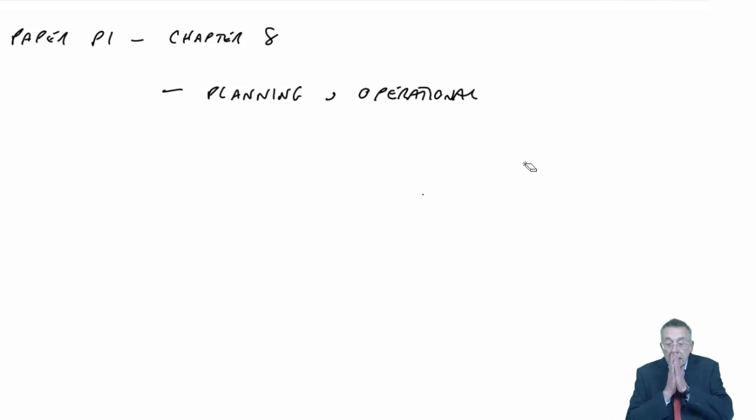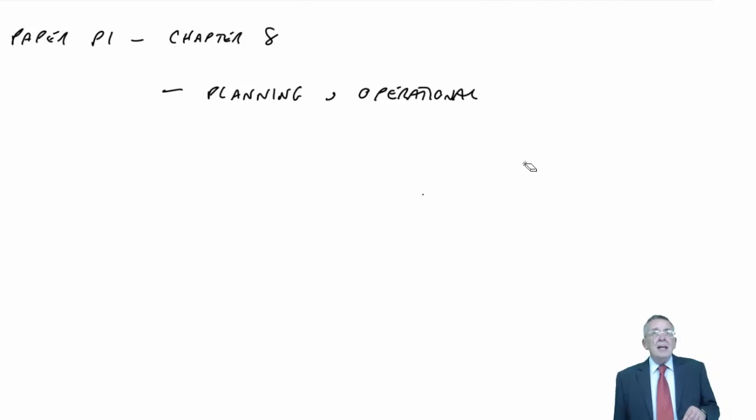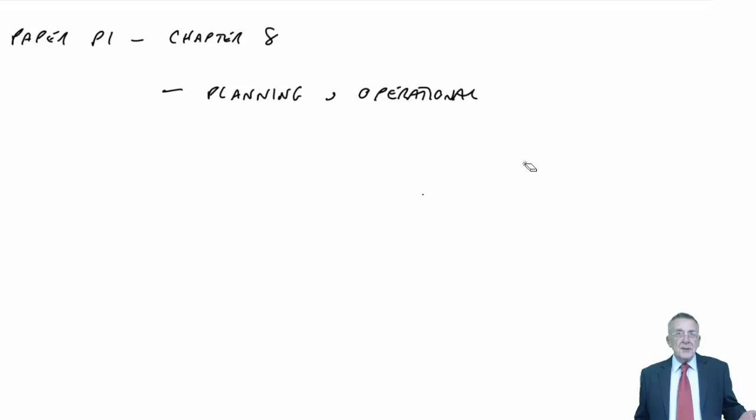You may remember on the previous set of lectures on chapter 7, I spent a few minutes discussing our materials expenditure variance. Because when we calculated it, it turned out it was adverse. So we'd paid more per kilo than we were supposed to on the cost card.